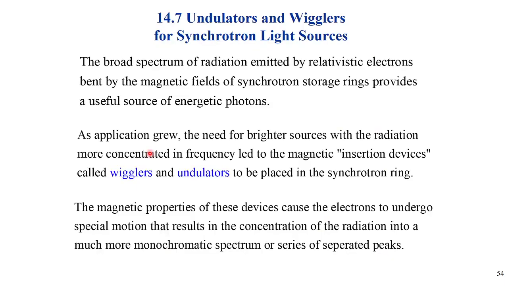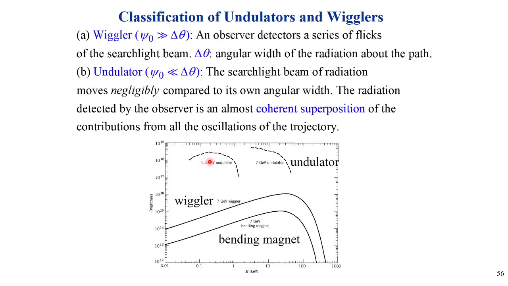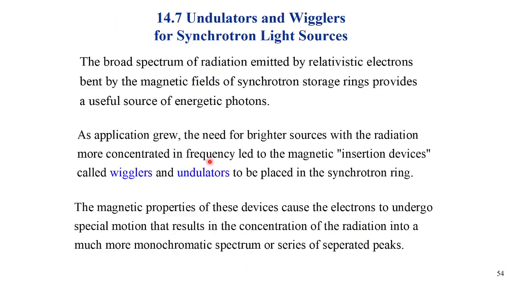Okay, finally, in the 4th slide, I will tell you how to increase the energy of the source. We have two ideas. One is the undulator, the other is the wiggler.